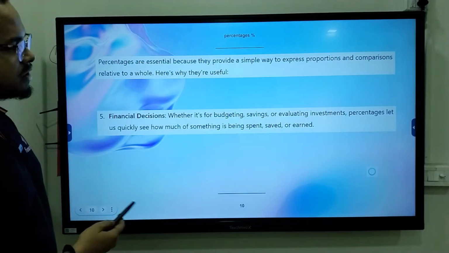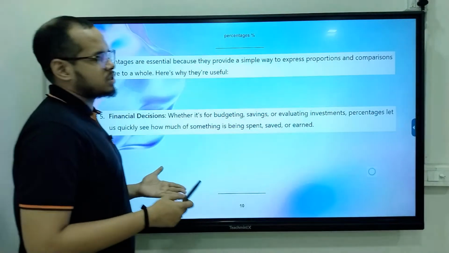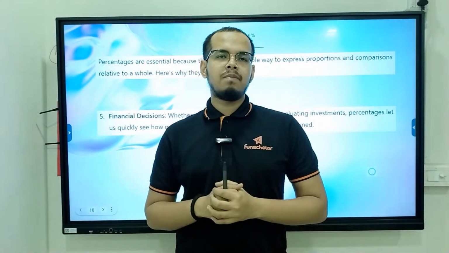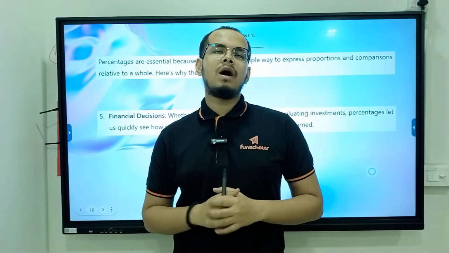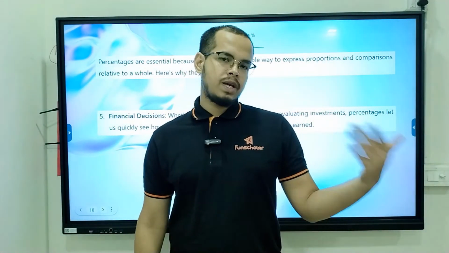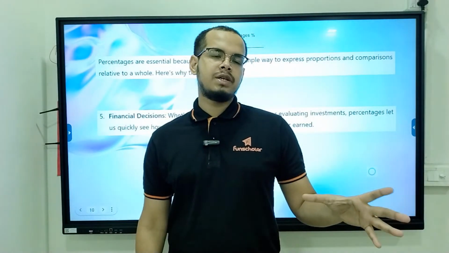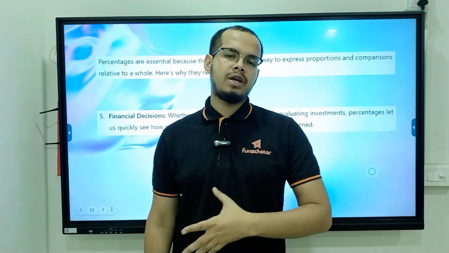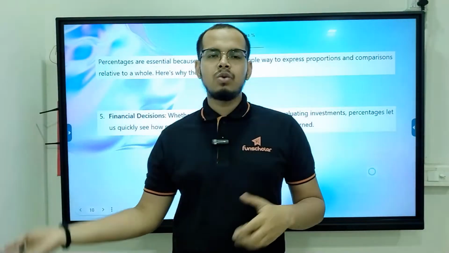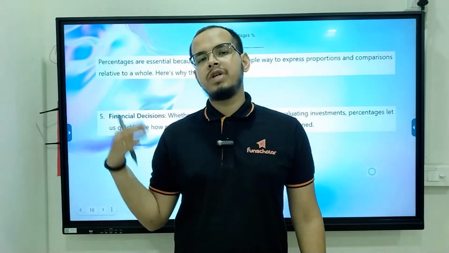Now, financial decisions. There are sums in which this is also present, right? For example, a person has a salary of 5,000 rupees. If he spends 20% of his salary on amenities, 20% on rent, and 40% of the rest on clothing and luxury, then what is the amount that is remaining?